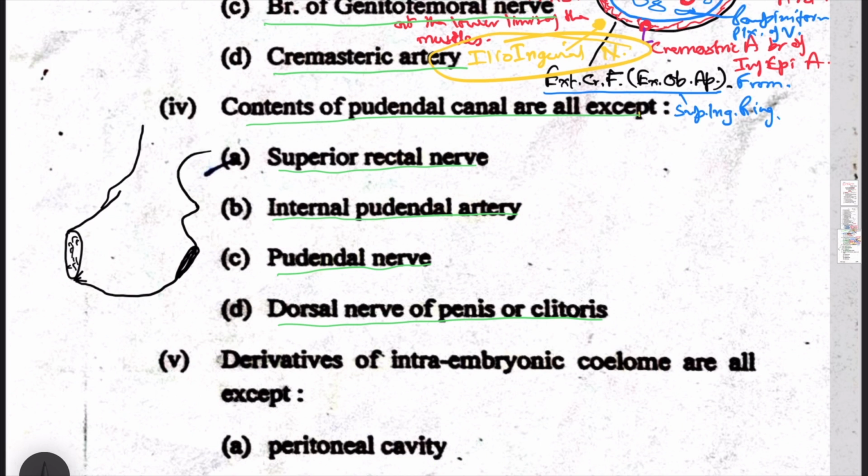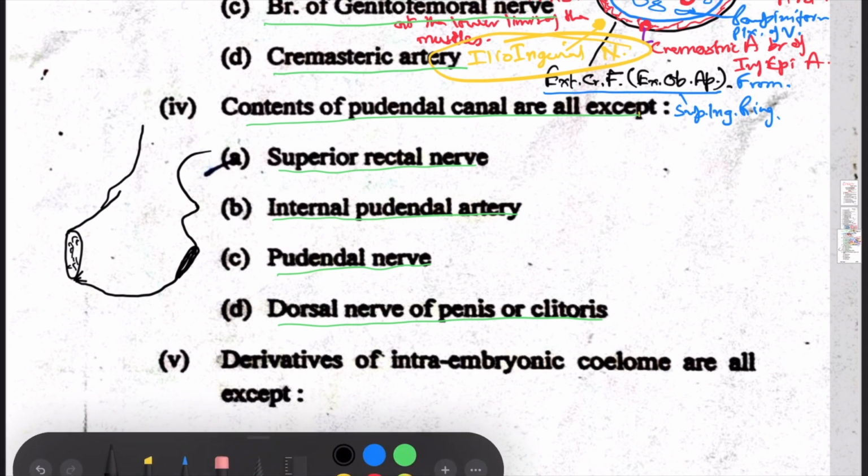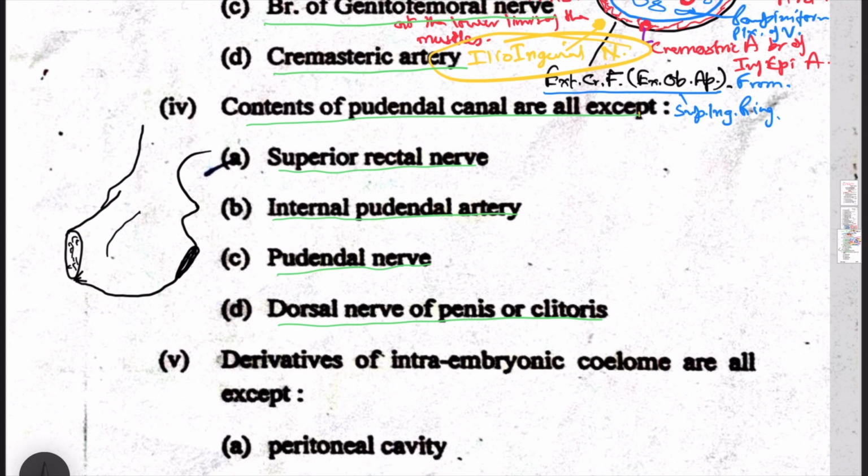Remember, I completed this in the gluteal region, but here again I am telling you where exactly it is located. This is the obturator foramen.